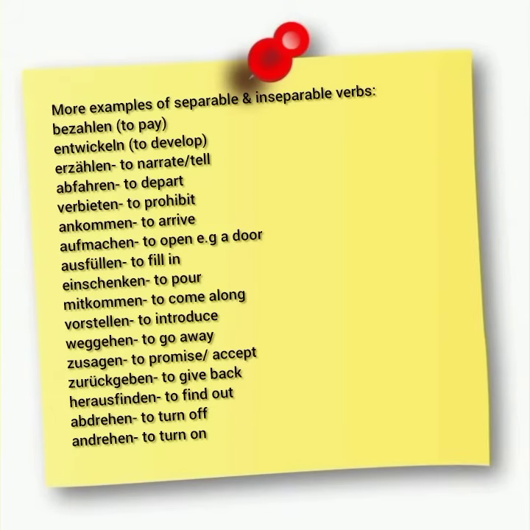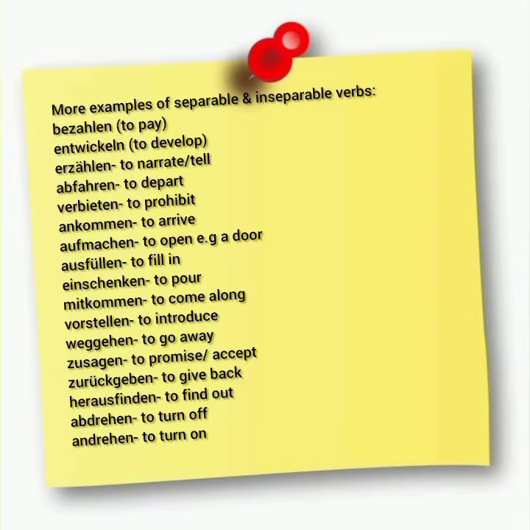You don't separate the ent. Okay? So I would recommend, again, just rewind this video to that list again. So you've seen the list of the separable and the list of the inseparable. So it's important you master those ones that you separate and those ones that you don't separate. Okay? So let me give you some more examples then of these verbs, separable and inseparable, both of them.